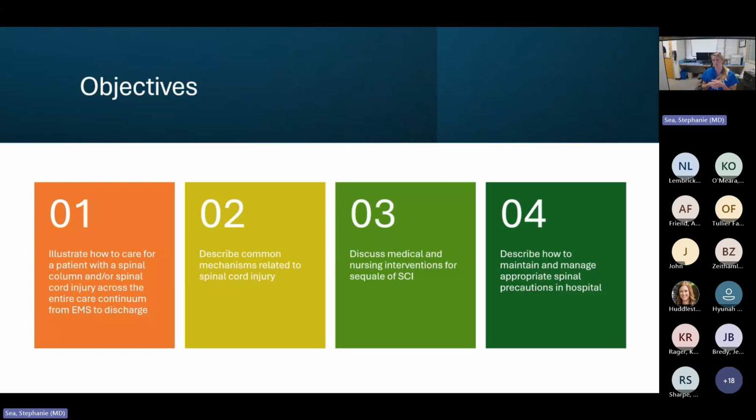So we're going to be talking from pre-hospital all the way up to the time of discharge and going hopefully to rehab for these patients. We're going to describe some common mechanisms related to the injuries, as well as discussing medical and nursing interventions for the sequelae of these spinal cord injuries and how we manage them here in the hospital. And then how to maintain and manage appropriate spinal precautions in the hospital as well.